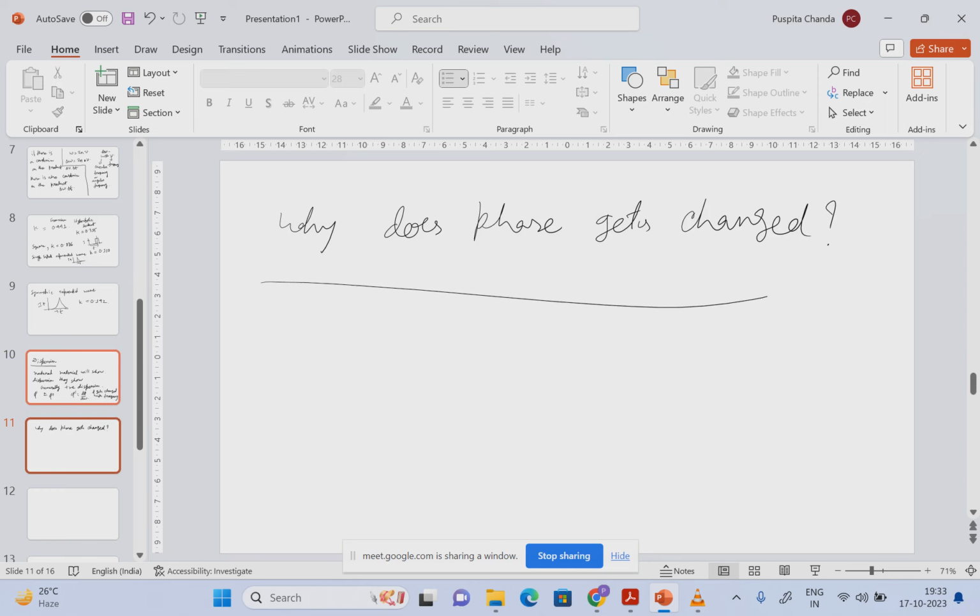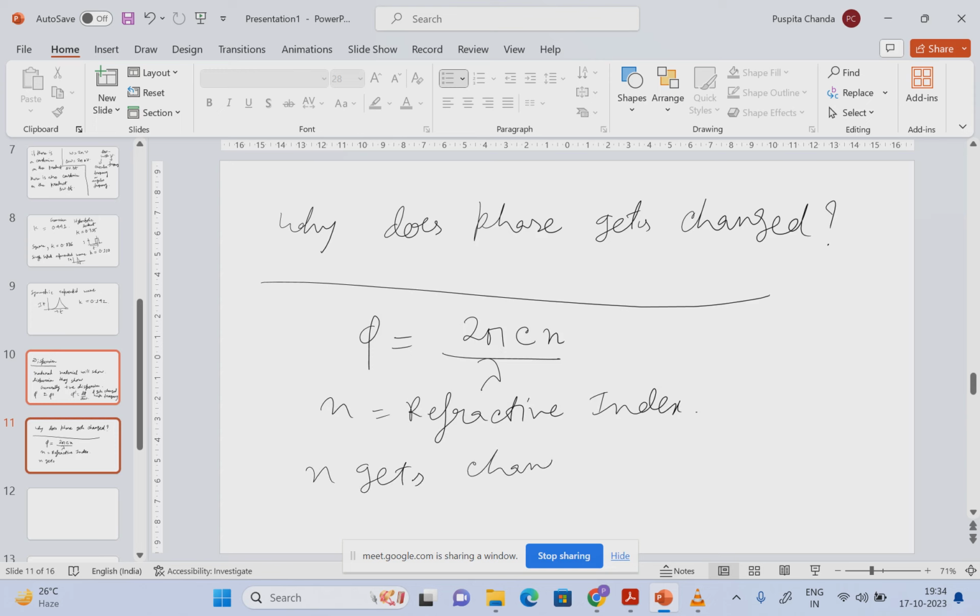The question is why. Because phi can be written as 2 pi c n by lambda, and n is the refractive index. n gets changed in any natural medium.